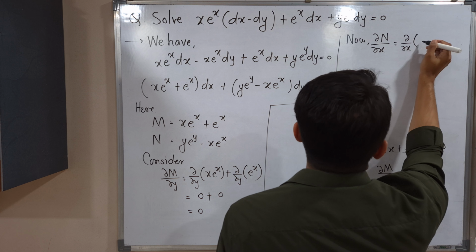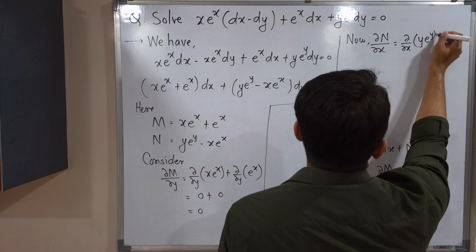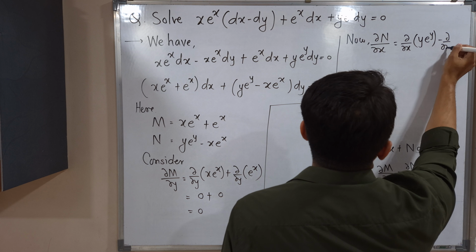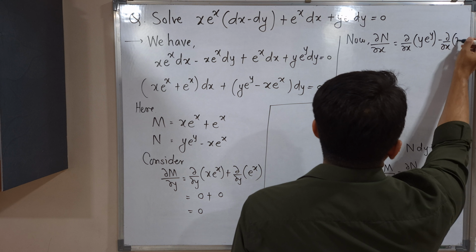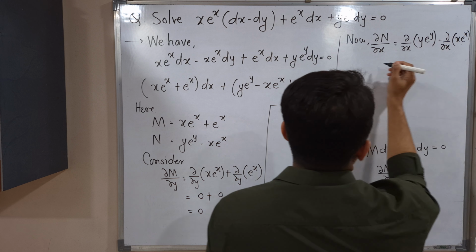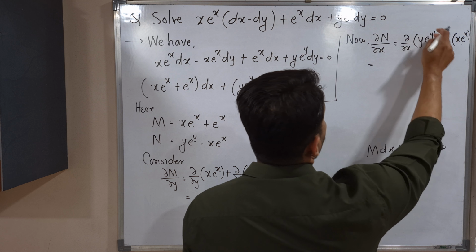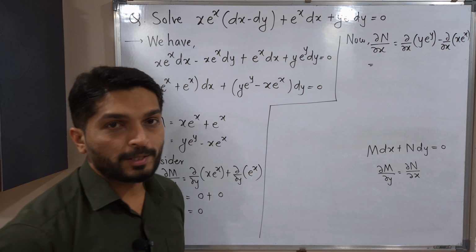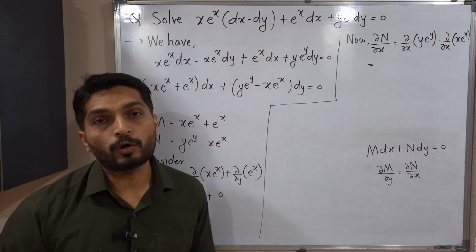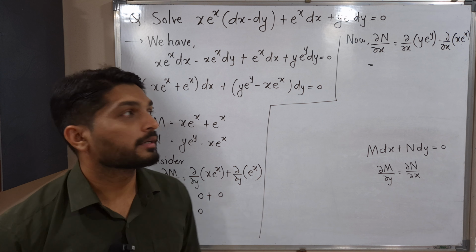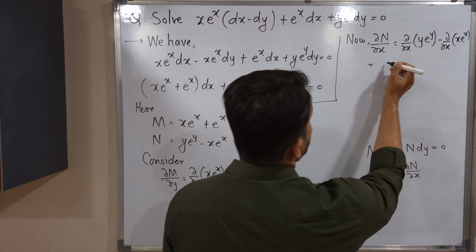Derivative of y e raised to y minus derivative of x e raised to x. See, there is no x in the first term. We are differentiating with respect to x. y and all functions of y are constant. Derivative of a constant is 0.